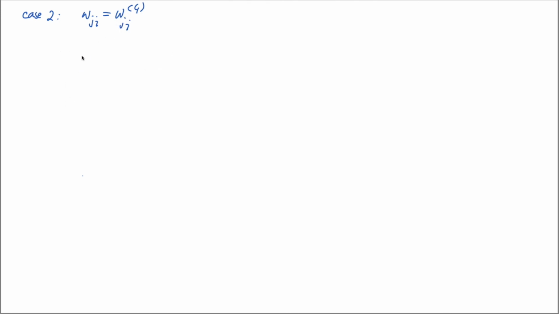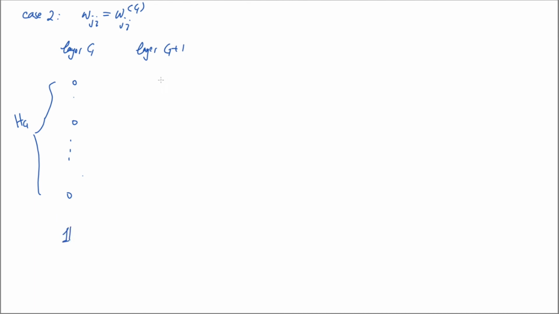Okay, so in other words, let me draw the picture. Layer G plus 1. Here we're going to have a bunch of neurons. This is going to be HG, many neurons. We're still going to have our bias.